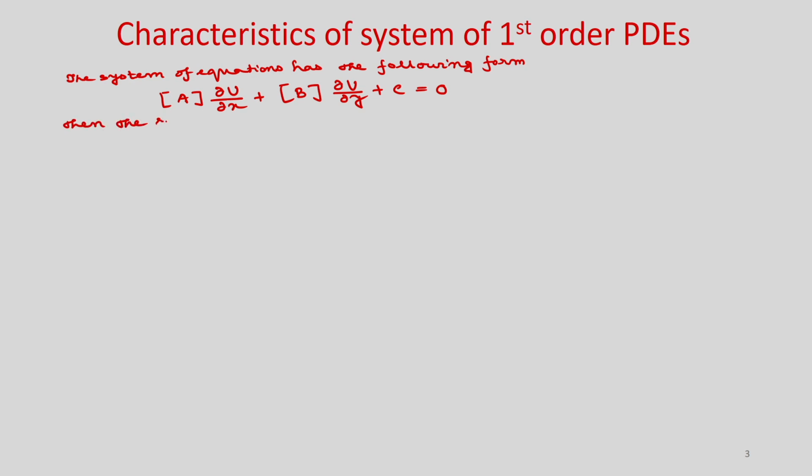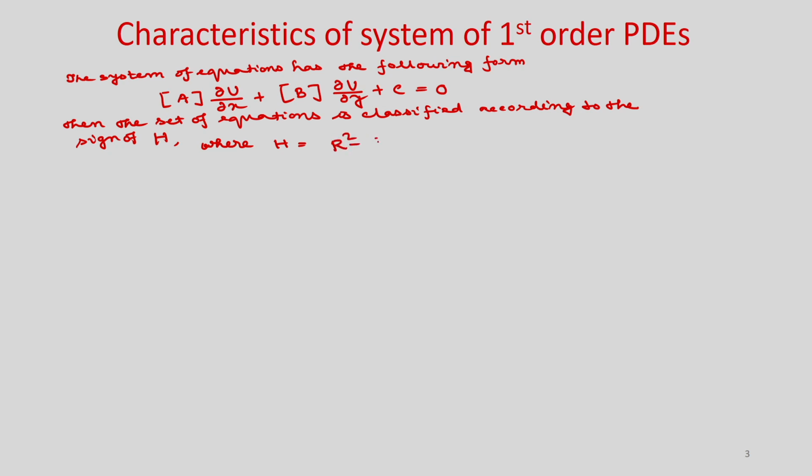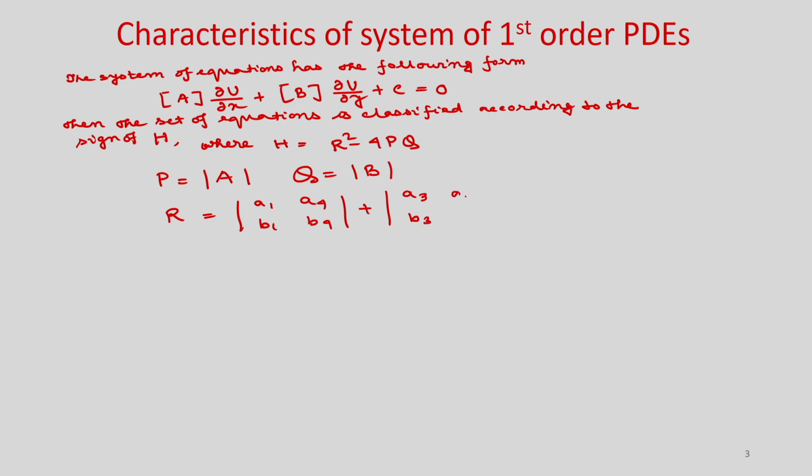Then the set of equations is classified according to the sign of H, where H is equal to R square minus 4 PQ, and P is the determinant of A, Q is the determinant of B, and R for this set of equations is A1, A4, B1, B4 plus A3, B3, A2, B2.